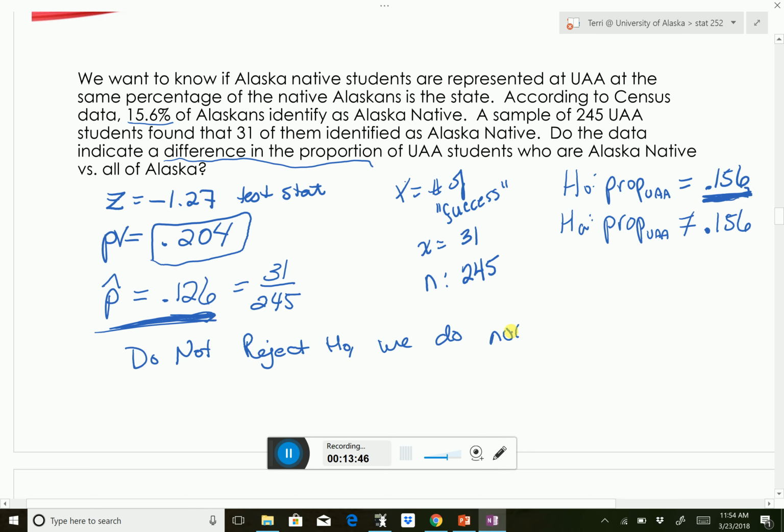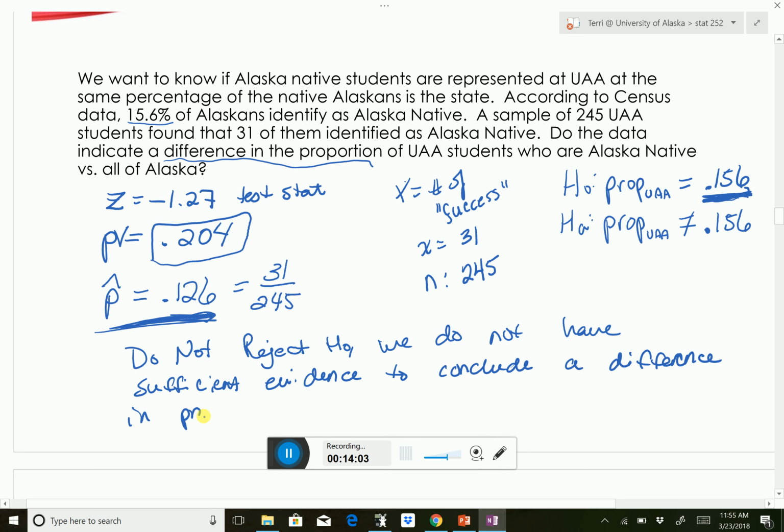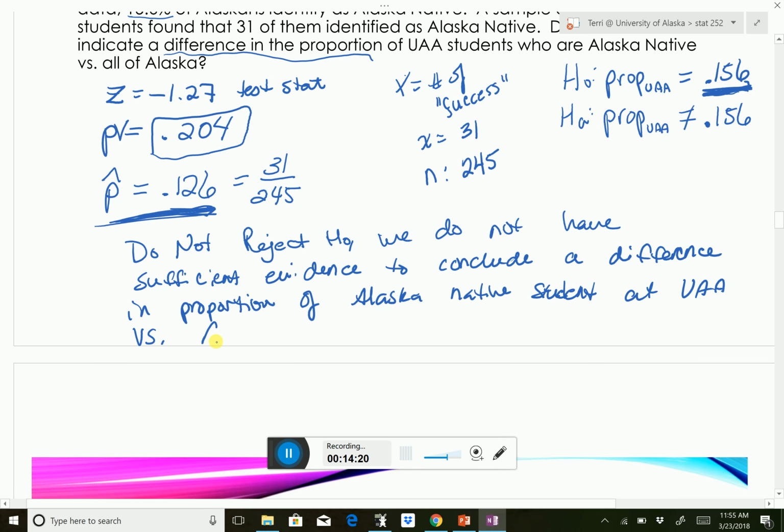We do not have sufficient evidence to conclude a difference in proportion of Alaska Native students at UAA versus the 15.6% Native Alaskan population.